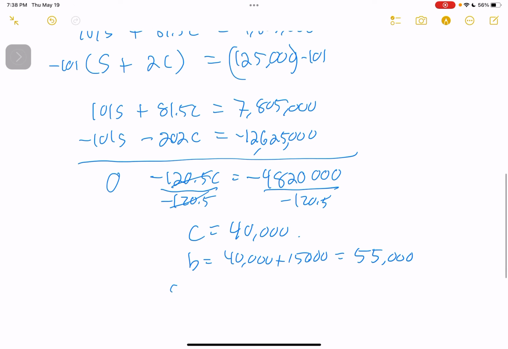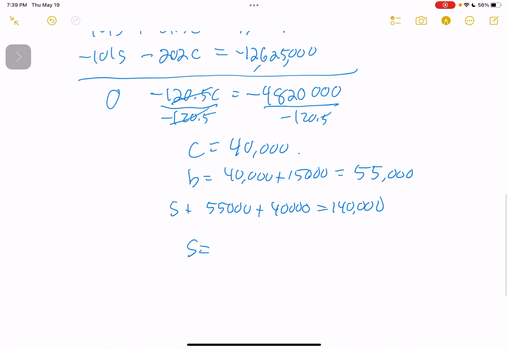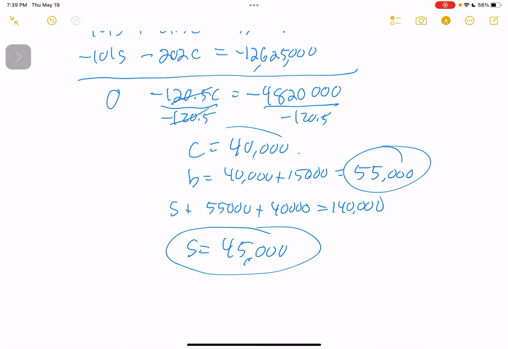And then S plus the 55,000 plus the 40,000 is supposed to equal 140,000. So what is our S? I get 45,000 for the S. Okay, that looks good to me. Hope that helps.